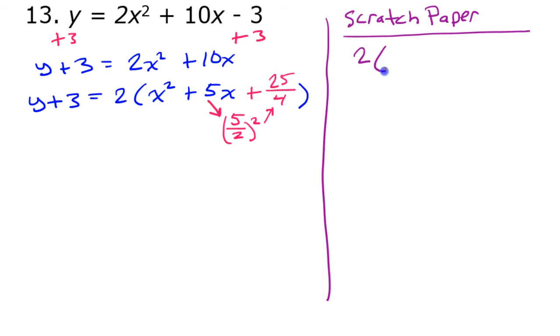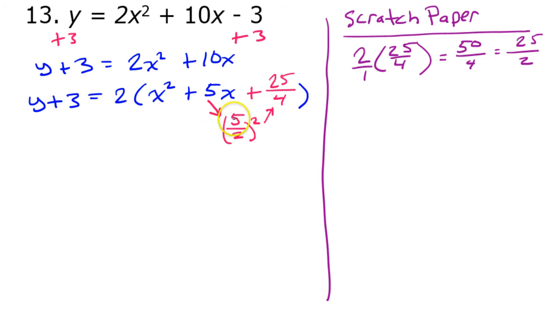What is 2 times 25 over 4? Well, this is like 2 over 1 times 25 over 4. So that's 50 over 4. So that is 25 over 2.